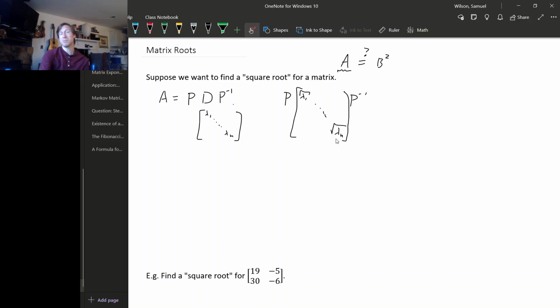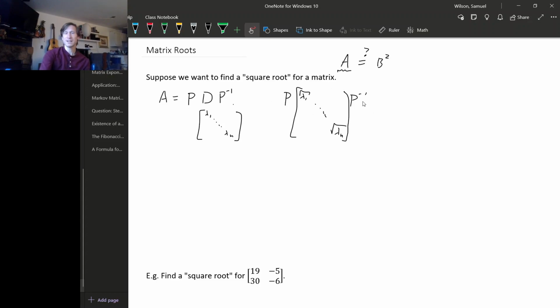Now, for this to be possible, these lambdas are going to have to be positive because otherwise their square roots are complex. And complex valued matrices are a thing. So you could come up with square roots if the eigenvalues happen to be negative, with complex entries, but we won't go there right now.